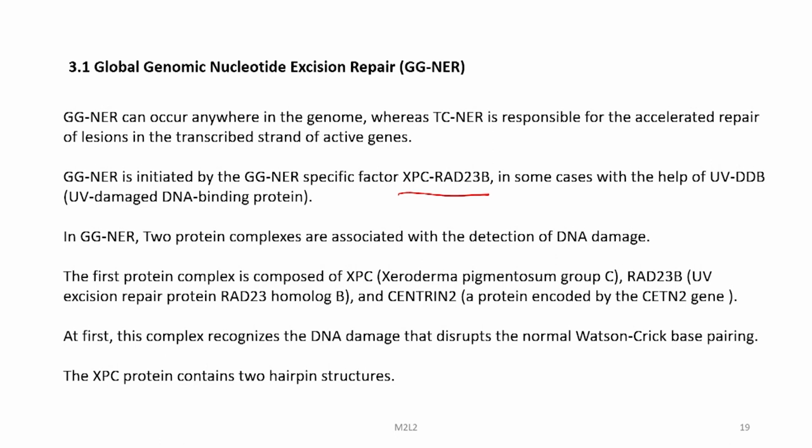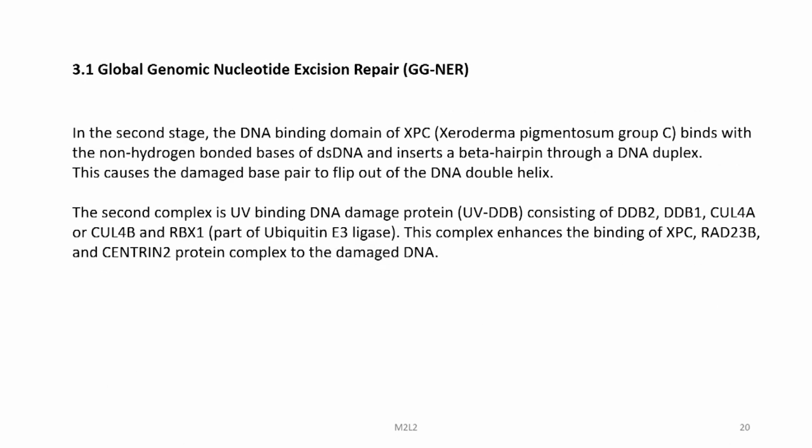At first, this complex recognizes the DNA damage that disrupts the normal Watson-Crick base pairing. The XPC protein contains two hairpin structures. In the second stage, the DNA binding domain of XPC binds with the non-hydrogen bonded bases of double stranded DNA and inserts a beta hairpin through the DNA duplex.